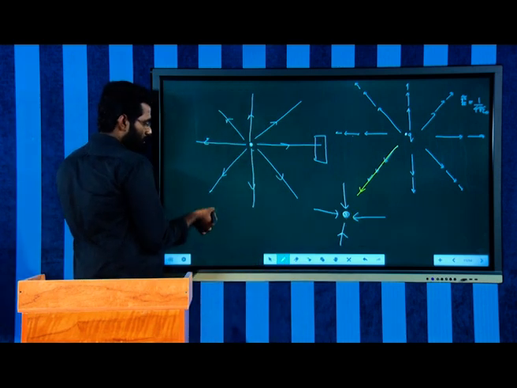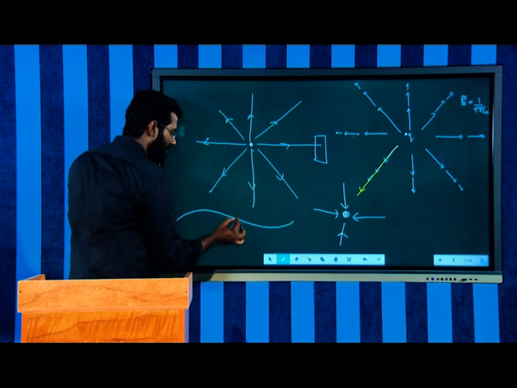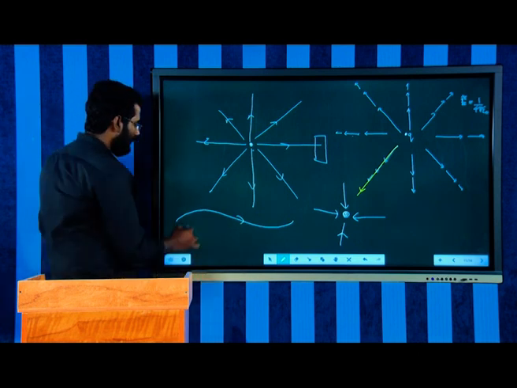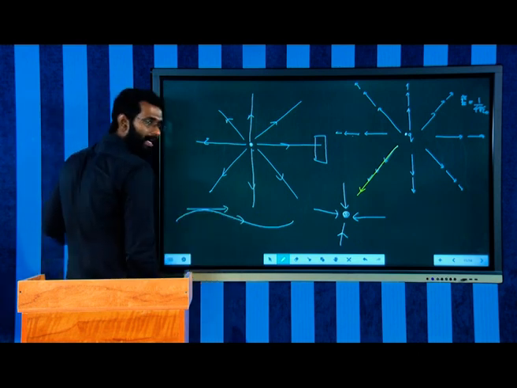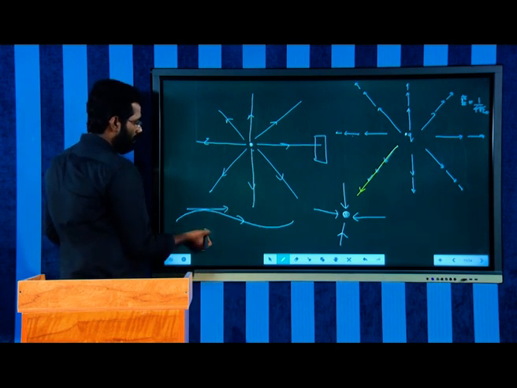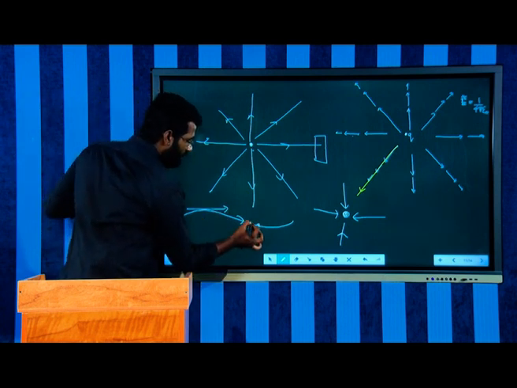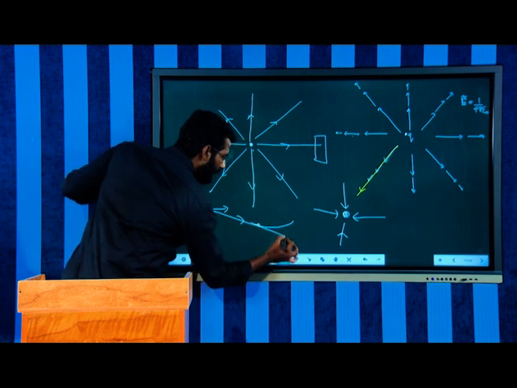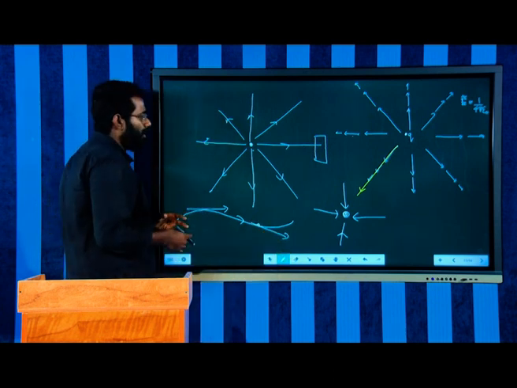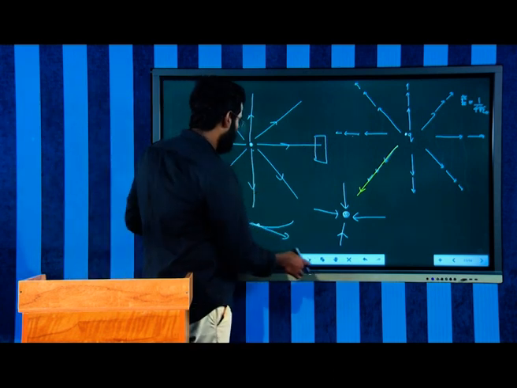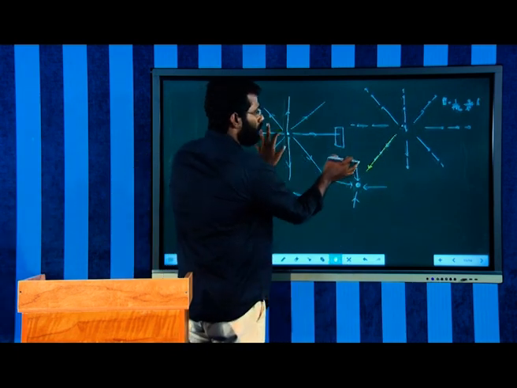There are some other properties as well. Suppose you have an electric field line like this here, then a tangent at a point will give you the direction. At this point, what is the direction of the electric field? Draw a tangent at that point. And there is a very important thing about electric field lines, that is they cannot cross each other.